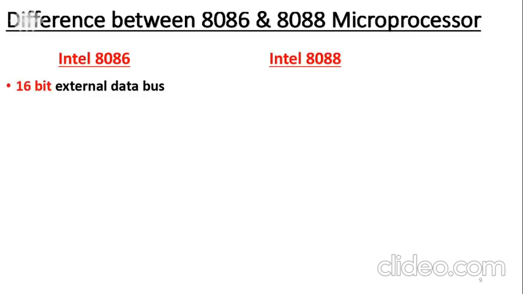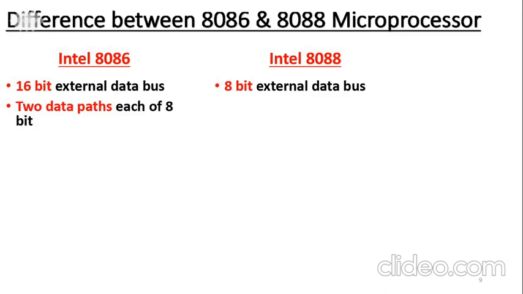Now here the first difference between these two Intel's processor: 8086 processor has got 16-bit external data bus, whereas in case of Intel 8088 it is having 8 bits of external data bus, which is shown here. Even though both the processors are 16-bit processor, but that size of external data bus differs.